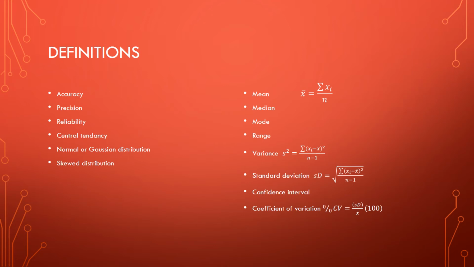So the variance and the standard deviation are both related to each other. One's the square root of the other. The standard deviation is the one that we use more commonly, because if you have 2 standard deviations from the mean, you're encompassing 96% of the population, the normal population. So standard deviation is something that we use in the laboratory significantly.